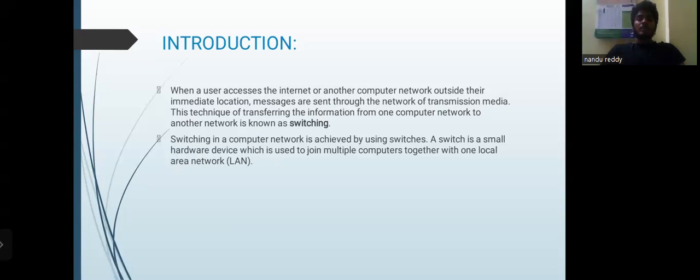Switching in a computer network is achieved by using switches. A switch is a small hardware device used to join multiple computers together within one local area network, LAN.